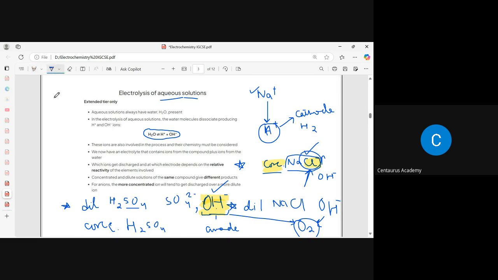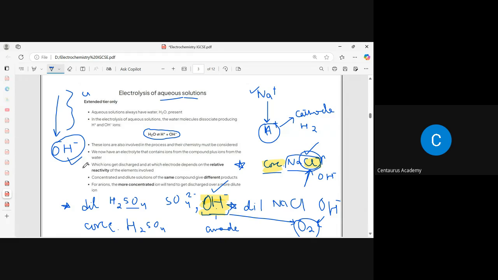If you look into the reactivity of the anions, or their tendency to deposit onto the anode, hydroxide ion is at the bottommost, and the rest of the anions are present at the top, be it the halides, sulfates, nitrates, or anything else. The bottommost has the greatest tendency to be deposited onto the anode.